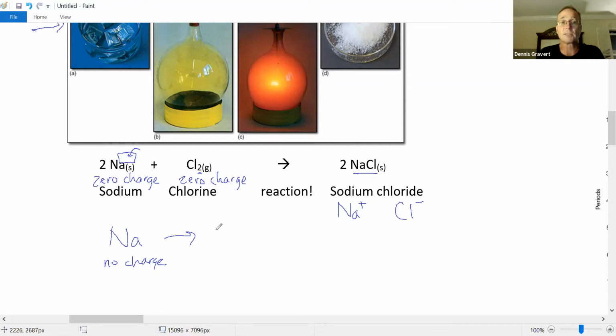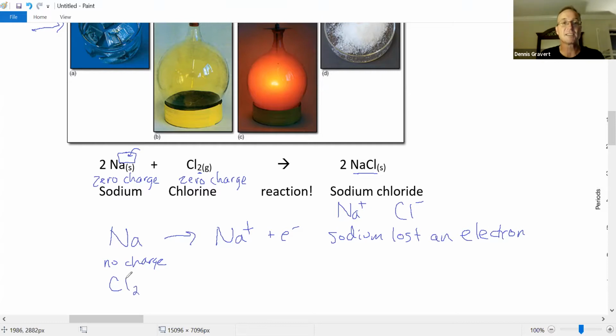And after the reaction, sodium had a charge. How did it have a charge? What kicked out an electron? Before, the sodium had 11 protons, 11 electrons. Afterwards, it only had 10 electrons because one left. Sodium lost an electron. Where did it go? It went to chlorine, right?